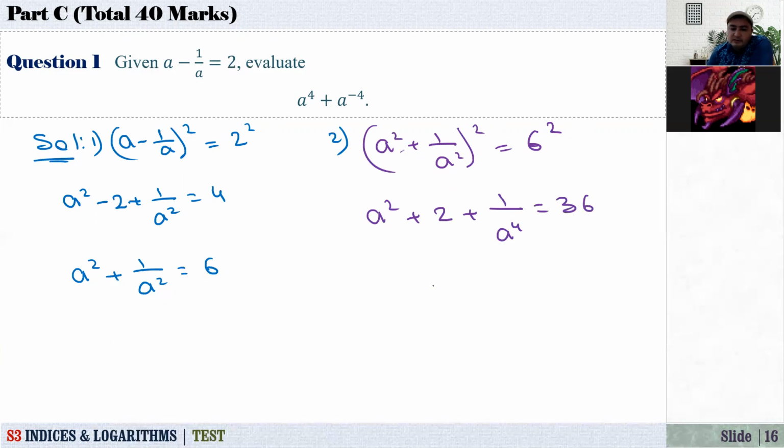That is 36. So from here, a to the power of 4 plus 1 over a to the power of 4, that's a to the power of negative 4, is equal to 36 minus 2. That's equal to 34.